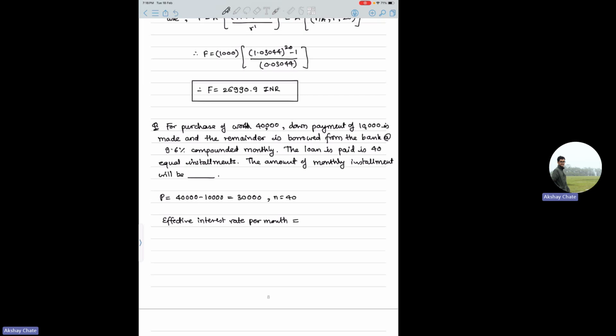So this 9.6% is 0.096 divided by 12, which is 0.008 per month. Pay attention to this, because usually you will see 9.6% compounded monthly, but that is not the monthly rate.